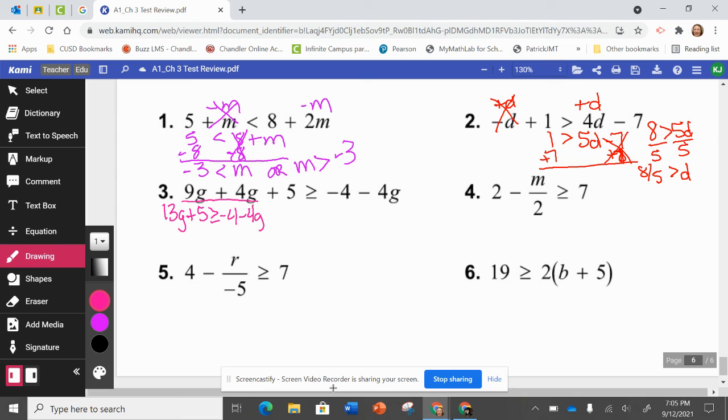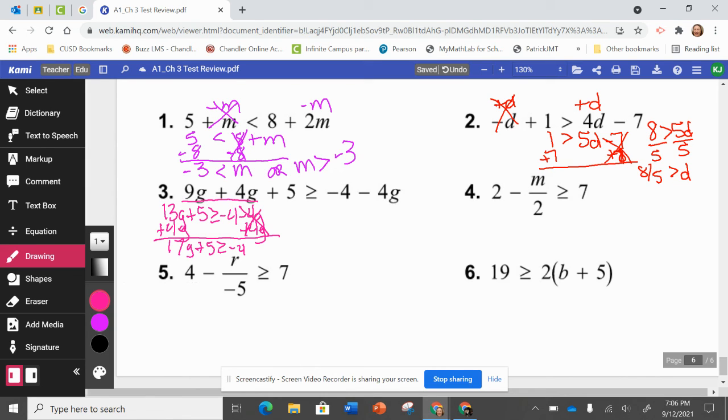Now, if I want to move my g value from the -4 and the 13, remember, combining like terms, always adding and subtracting. The opposite of a -4g is a +4g. And again, I have to do opposite operations because I'm going across the inequality sign right there. So 13 plus 4 is 17g.